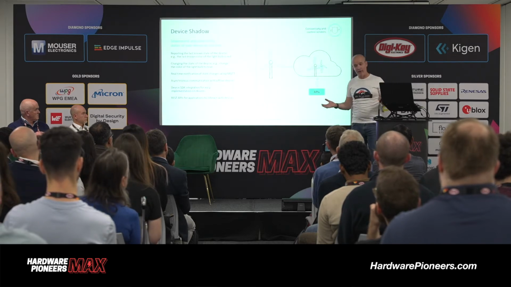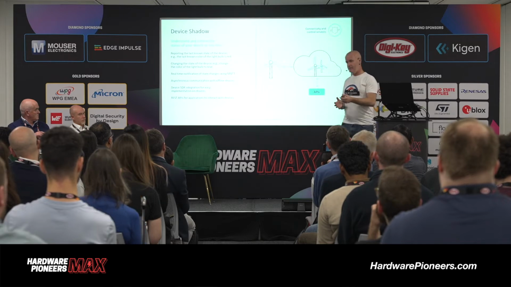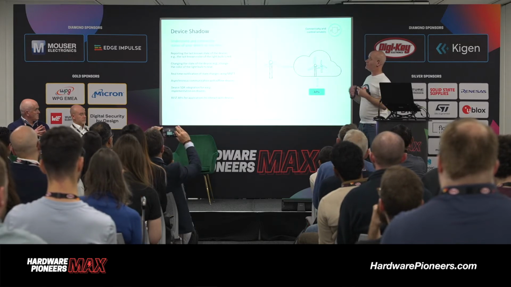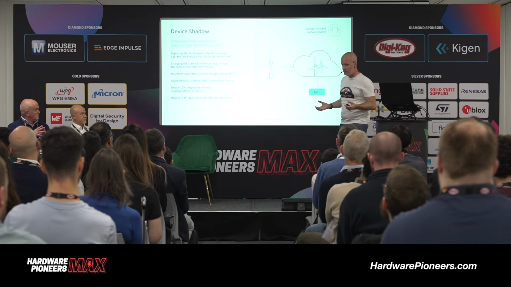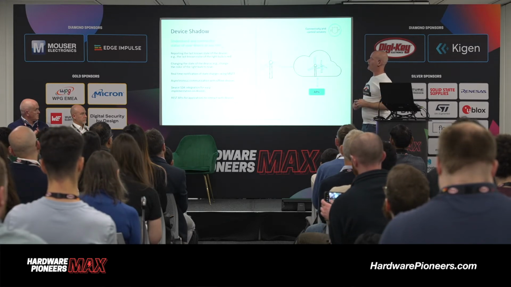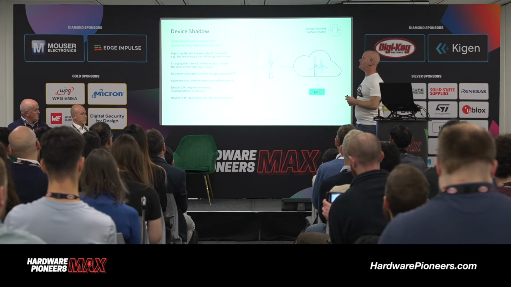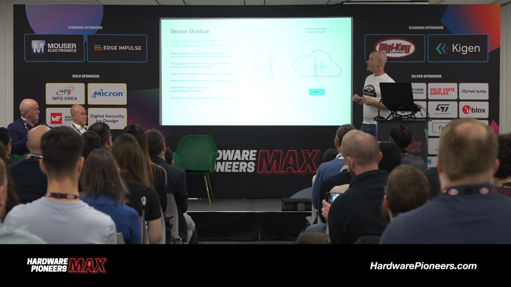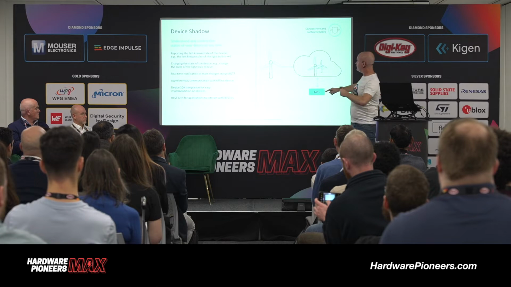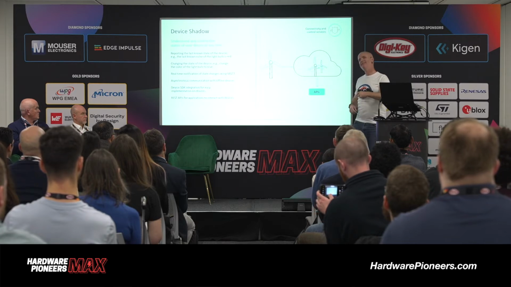Device shadow allows us to talk back to the device in the field. Now, generally, IoT or MQTT in itself is a telemetry protocol. It's from device to the cloud. But we've added a whole bunch of stuff into the SDK that gives us the APIs to query back to the device and send state back.